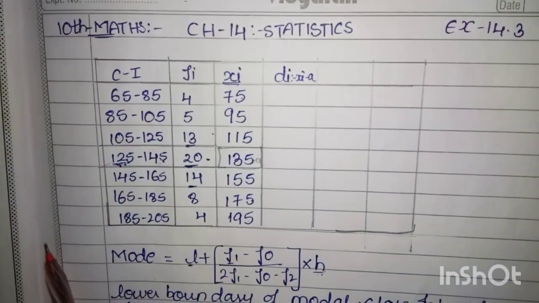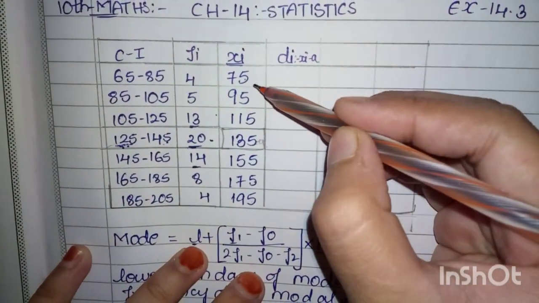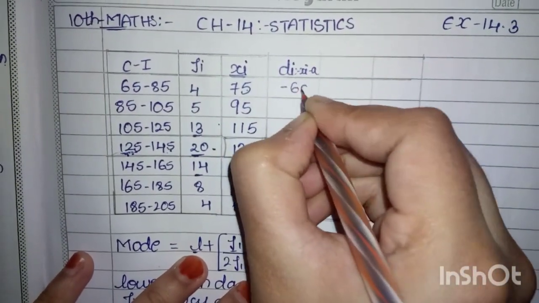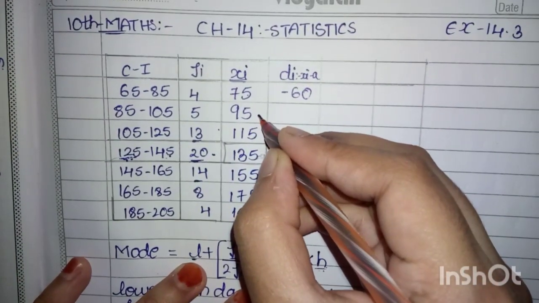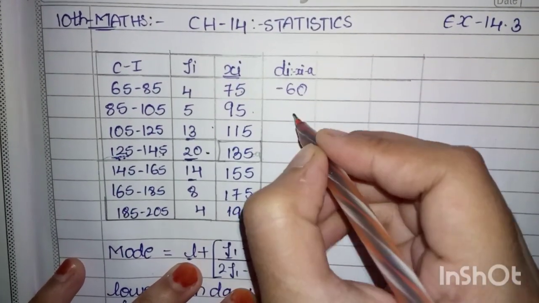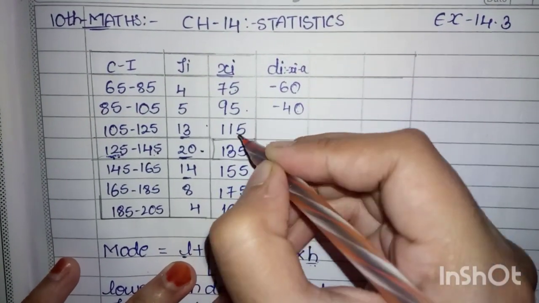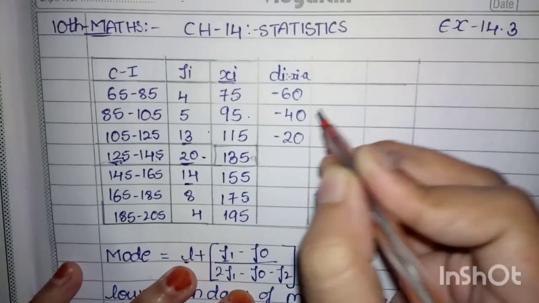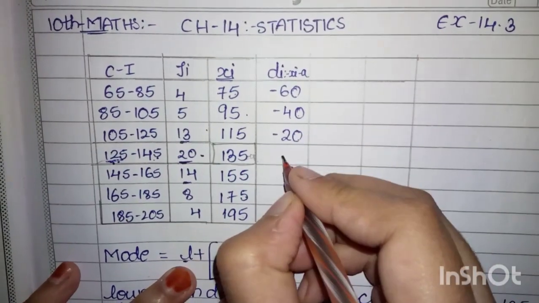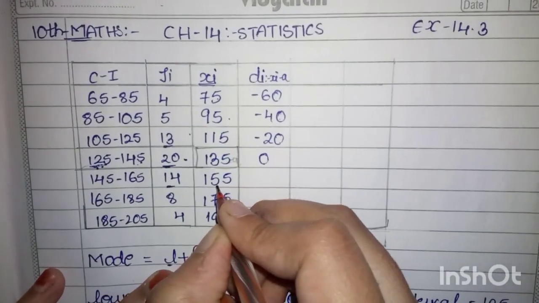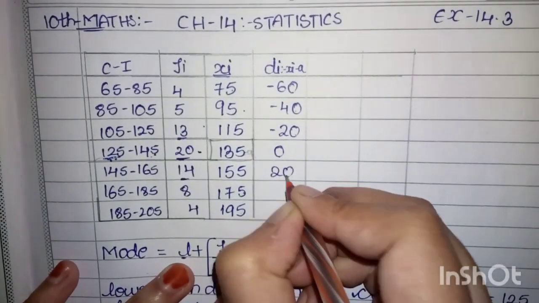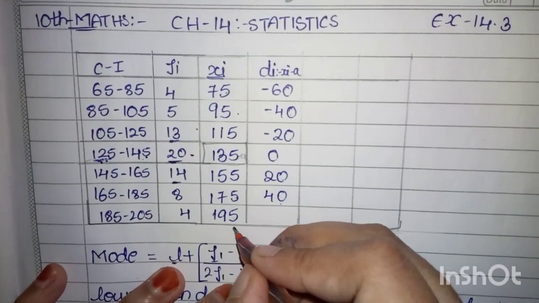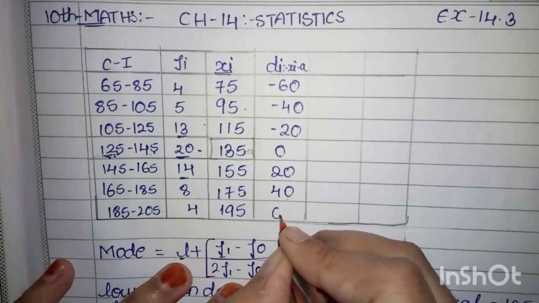On subtracting, 75 minus 135 will give you minus 60. 95 minus 135 gives minus 40. 115 minus 135 is minus 20. 135 minus 135 is 0. 155 minus 135 is 20. 175 minus 135 is 40. 195 minus 135 is 60.